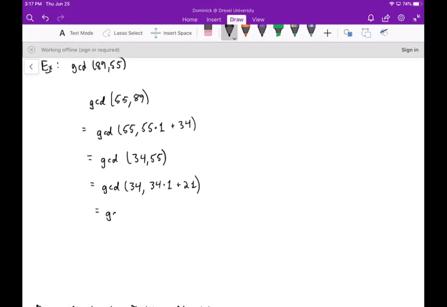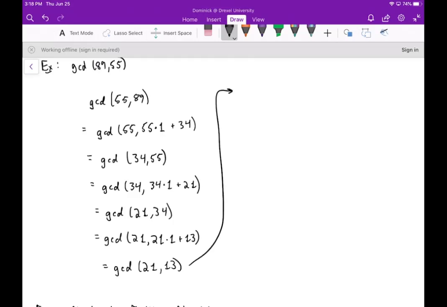So this is the GCD of 21 and 34. So I'm going to get the GCD of 21, and then 21 times 1 plus 13, which is the GCD of 21 and 13, which is the GCD of 13 and 21.